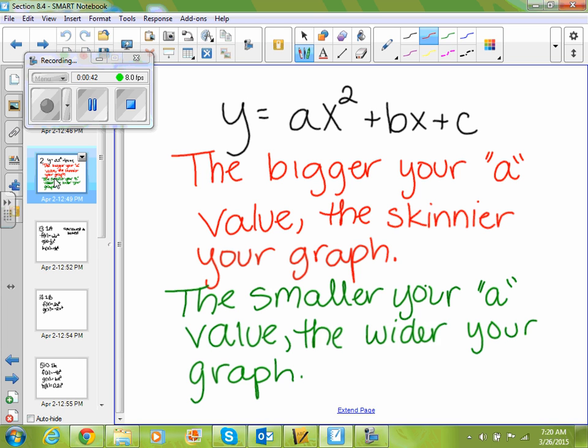Okay, so if you've got a really big a value, you'll have a really skinny parabola. And if you have a really small a value, you'll have a really wide parabola. Okay, so make sure you got that written down.